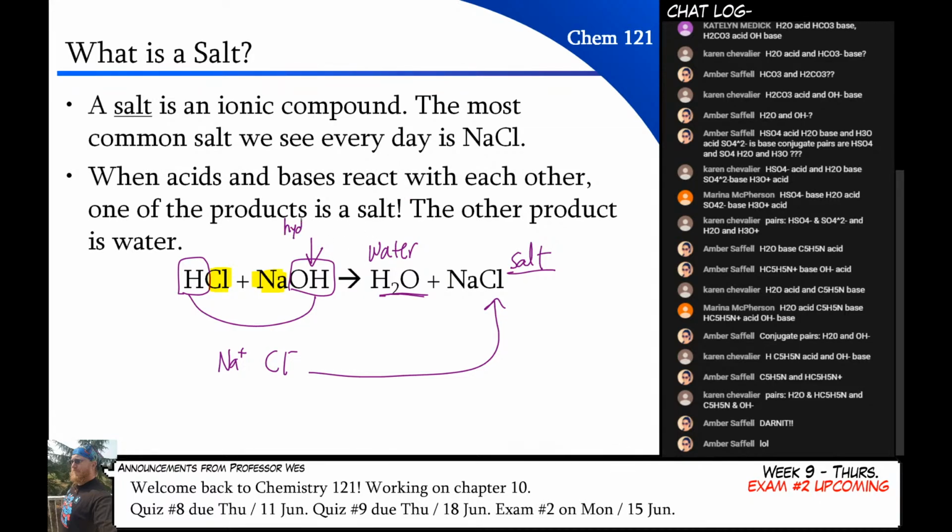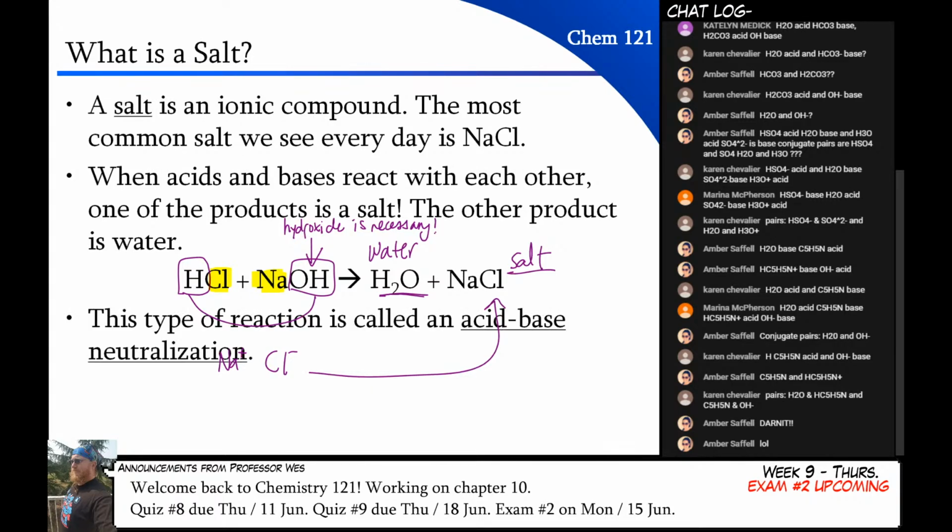So hydroxide is necessary. So all the acid-base neutralizations that we're going to do are going to be hydroxide-containing bases. And again, this is called an acid-base neutralization.